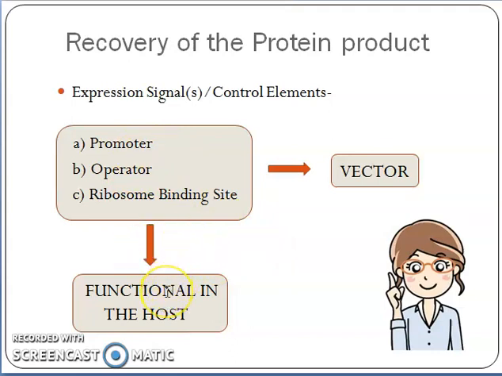That's why the expression signals are important, and they should be compatible with the host in which you are going to clone and express your gene of interest.